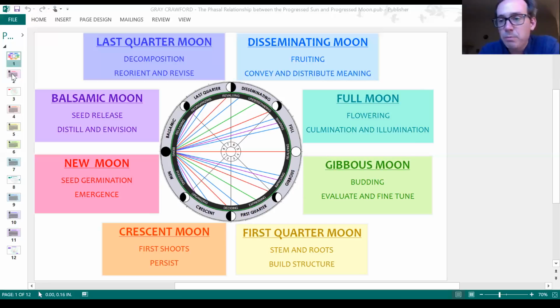So again, if someone's born at the new moon phase, around the age of 15 or so, they're going to be going into the full moon phase. So you could see how that would, in a lot of ways, line up with how we tend to conceptualize life. However, anybody born on a full moon phase is, as they're growing up, still growing up like everybody else, but they're actually moving into a disseminating moon.